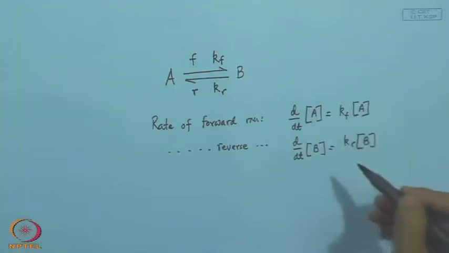It may be, in other cases, more complicated situations where the forward reaction follows second order kinetics and the back reaction is first order, or maybe second order is opposed by a second order, like that. Opposed means the reverse direction is also a second order reaction.